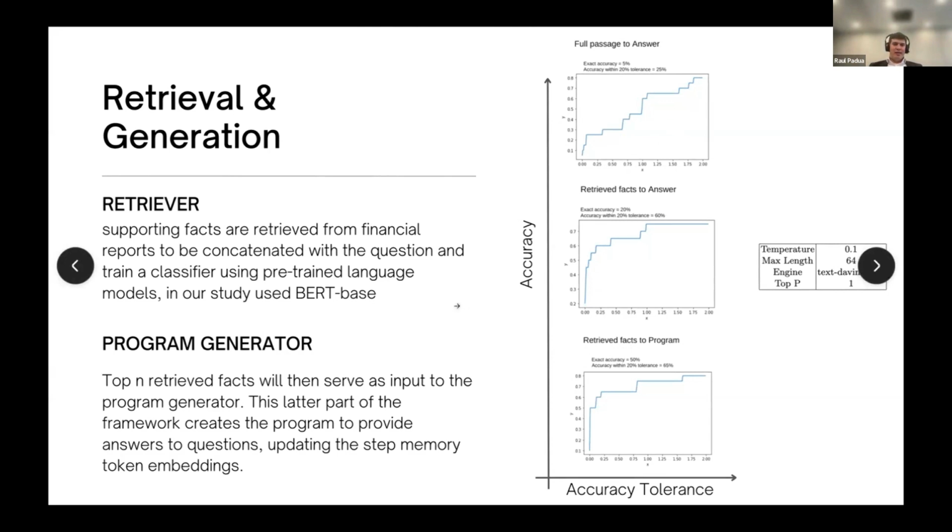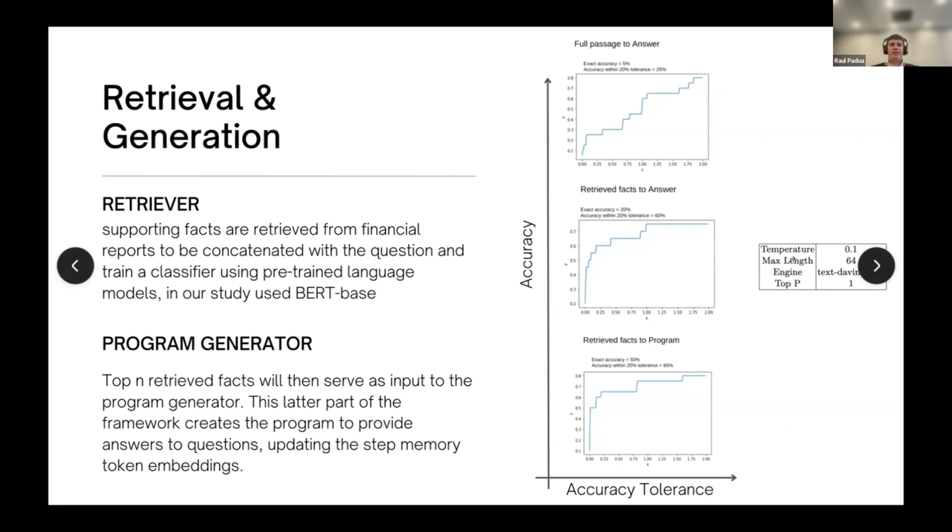What we found was that in the retriever, the supporting facts from the financial reports are concatenated with the question, and we trained the classifier using pre-trained large language models. In our study, we used BERT as the retriever, and we used a large language model as the program generator. In the generator, we take the top n retrieved facts. What we used here was the top one, n equals 1. Then they serve as input to the generator.